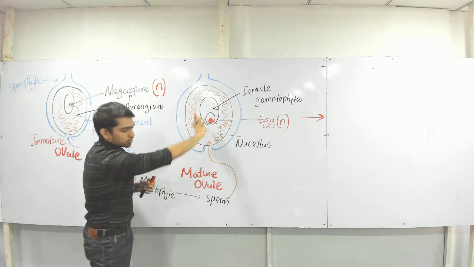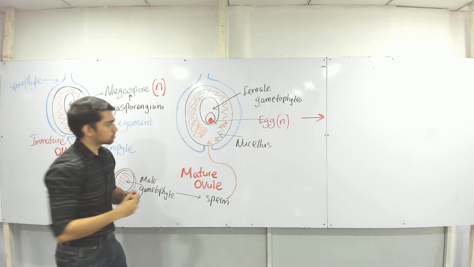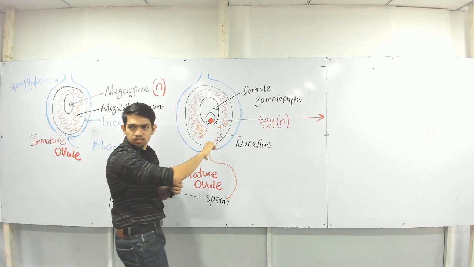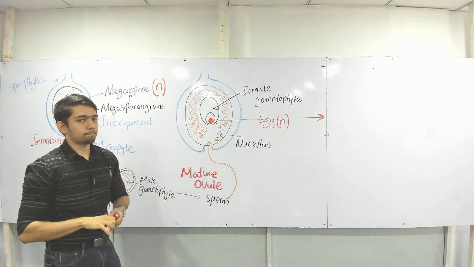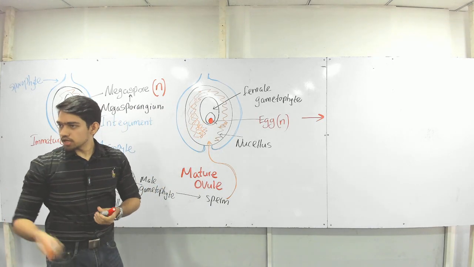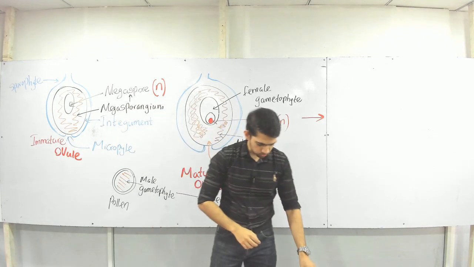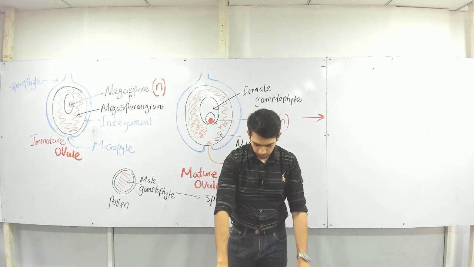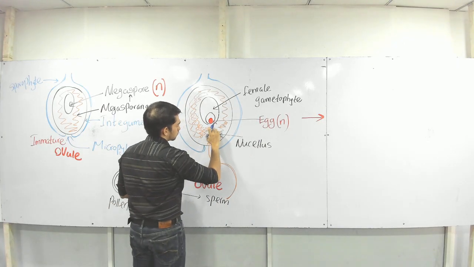It needs to travel some distance to reach the egg, through this layer called the nucellus. How does it go? It gets a helping structure called a pollen tube that is going to help this sperm reach the egg.